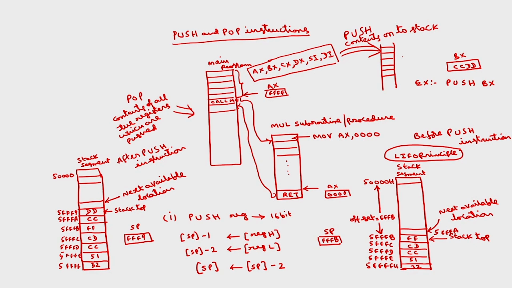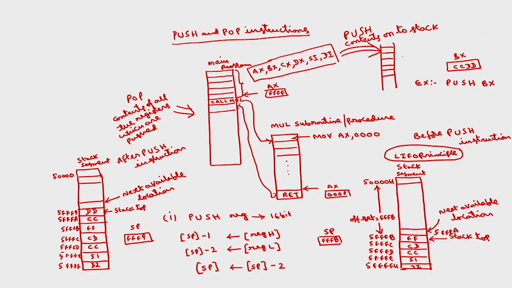Compared to the previous value, this will be SP becomes SP minus 2. So this is the operation that takes place in the push operation. The higher order register contents will be saved onto SP minus 1, lower order onto SP minus 2, and SP becomes SP minus 2. Now the next available location will be this. This is before the push operation, this is after the push operation.